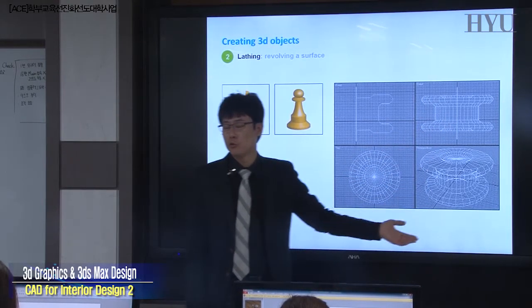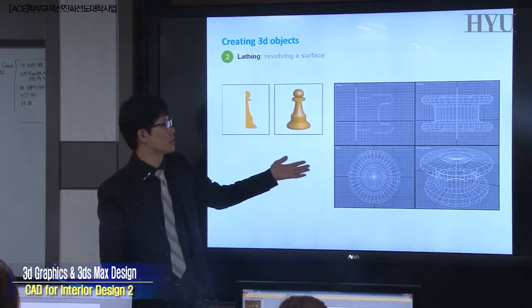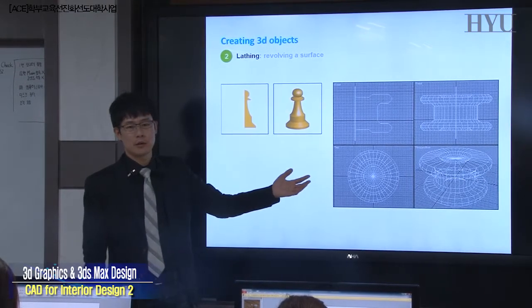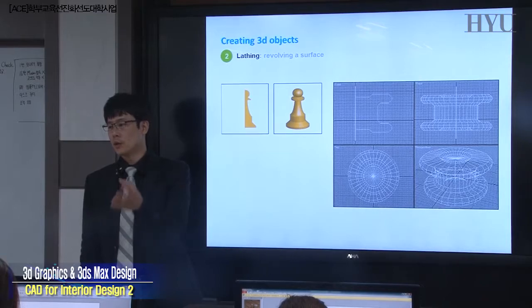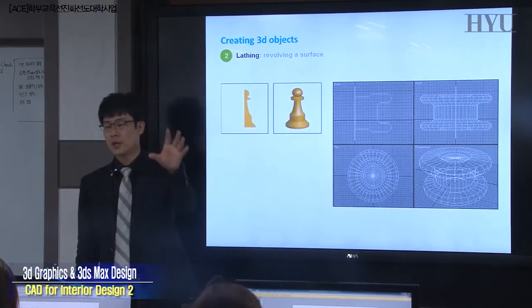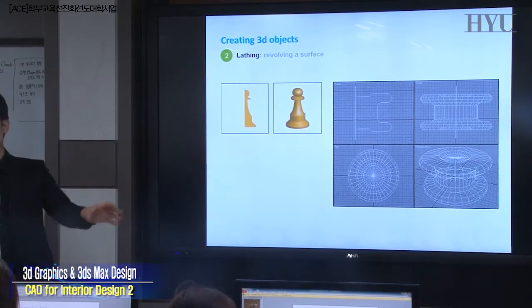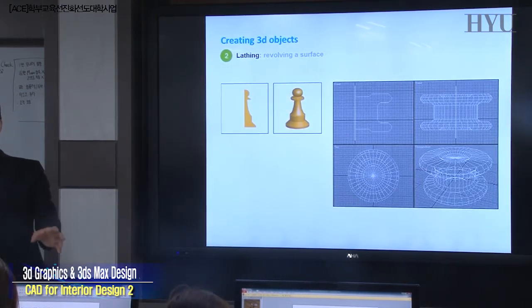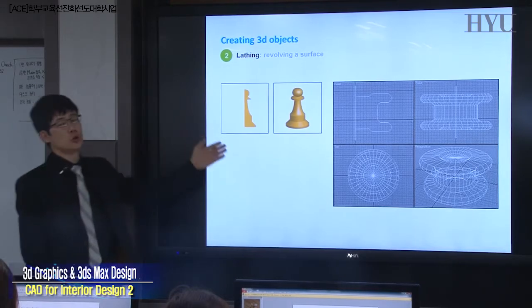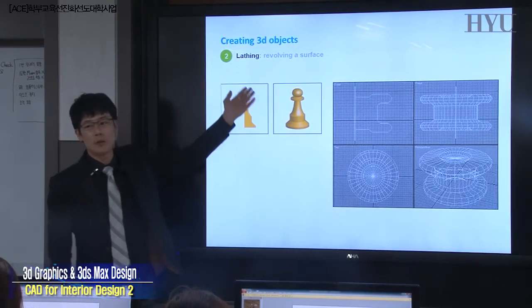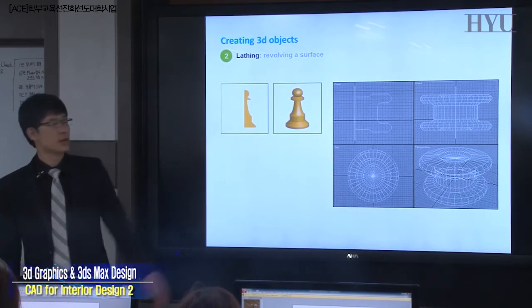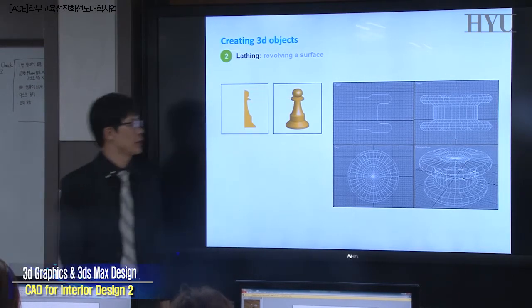In reality, you need to design in this way a lot. For example, creating a column, a very specialized column, or creating a vase, cup, anything else by revolving. Lathing is the term used in 3D Studio Max. The general term is revolving, okay?